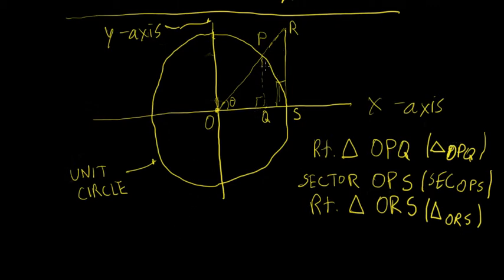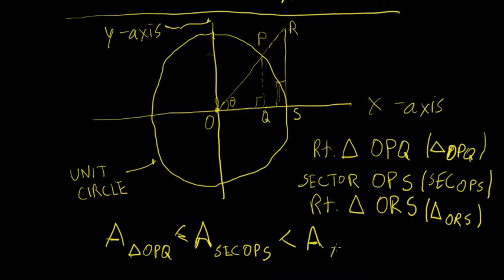So we know that the area of triangle OPQ seems to be less than the area of sector OPS, which is in turn less than the area of this bigger right triangle ORS.